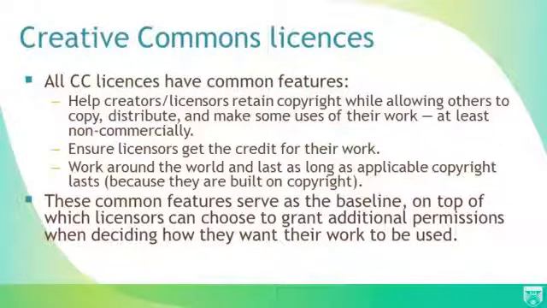And as I said in the beginning of this slide, these common features are the baseline features of all kinds of Creative Commons licenses, and the licensors can choose to add whatever terms they want on top of these three basic features.